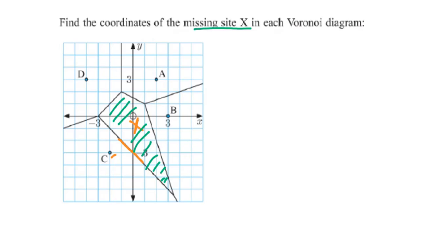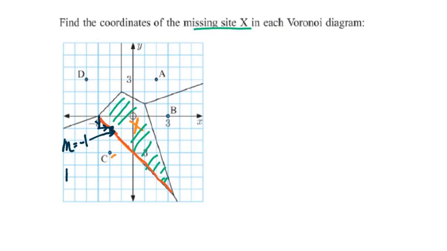Then check the slope for this edge. Let me choose 2 points. Then go down 1, right 1. So rise over run, you could say the slope of this edge is -1.